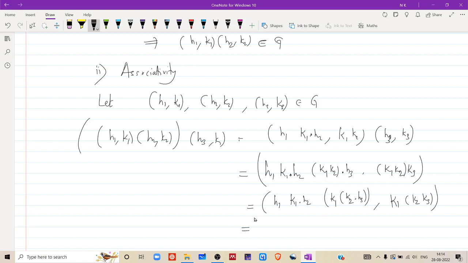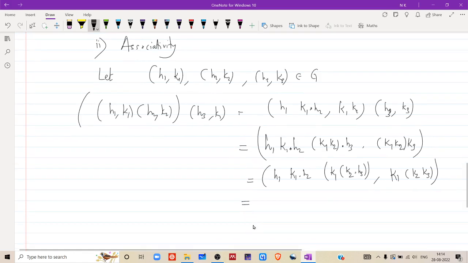So simply now do one thing. You can take in the first coordinate h1 as it is. This is k1 dot h2 and this is k1 dot k2 dot h3. So this is simply equal to k1 dot, in bracket h2 into k2 dot h3, simply.